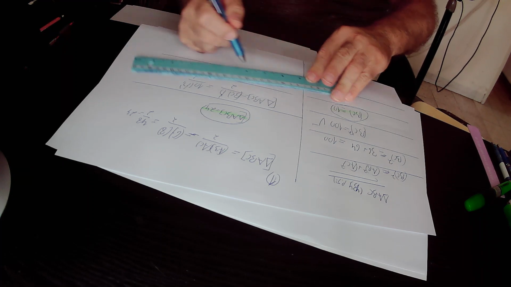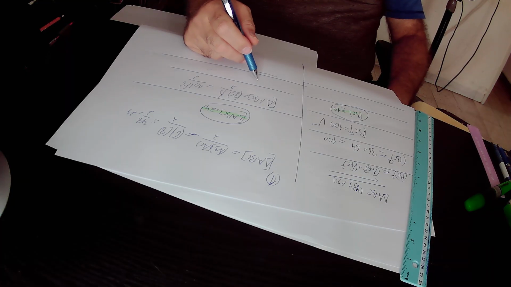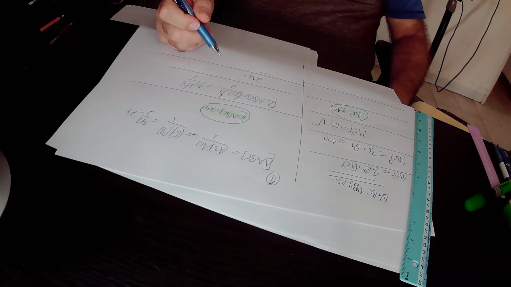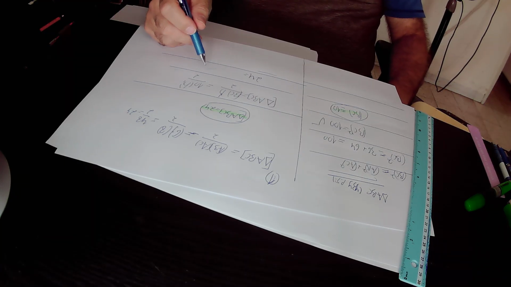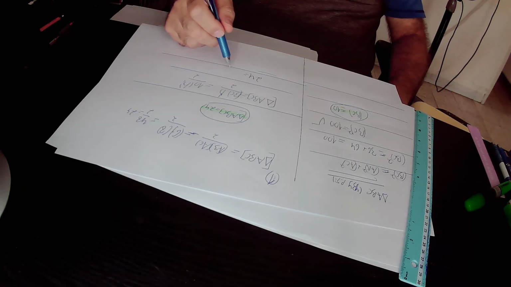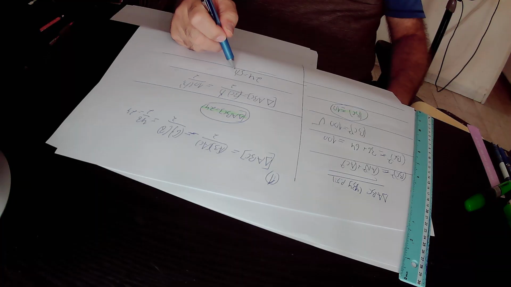I get that 24 equals 10 over 2, which is 5. So this expression equals 5H in total, so 24 equals 5H.